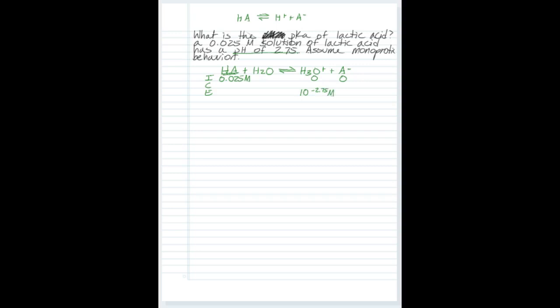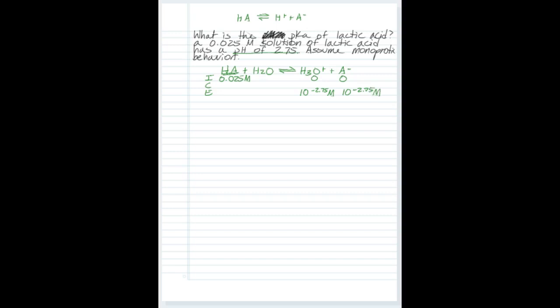Since I have just as much conjugate base as hydronium, we're going to disregard the autoionization of water, which contributes a little more H3O+. We're going to treat this as though all of the H3O+ is coming from HA, adding to the water that's already there. So that means that we have an equal amount of A-, 10 to the minus 2.75 molar.